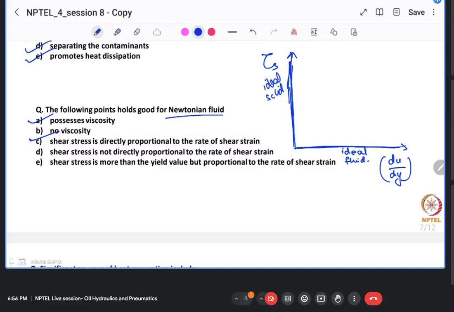Now, if you look at Newtonian fluid, it is a category of fluids wherein the value of shear stress is directly proportional to shear strain, and the proportionality factor is nothing but the dynamic viscosity of the fluid. So this is the constant.